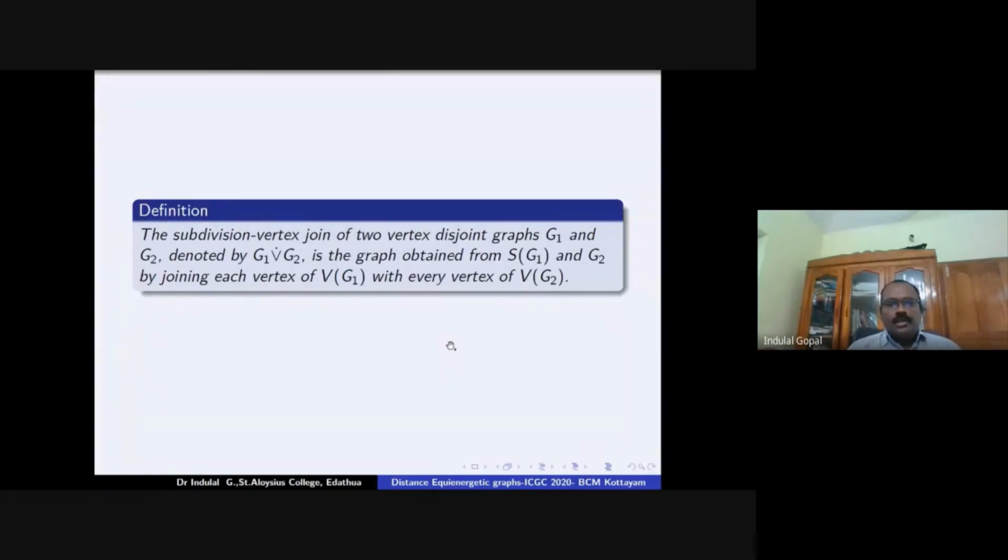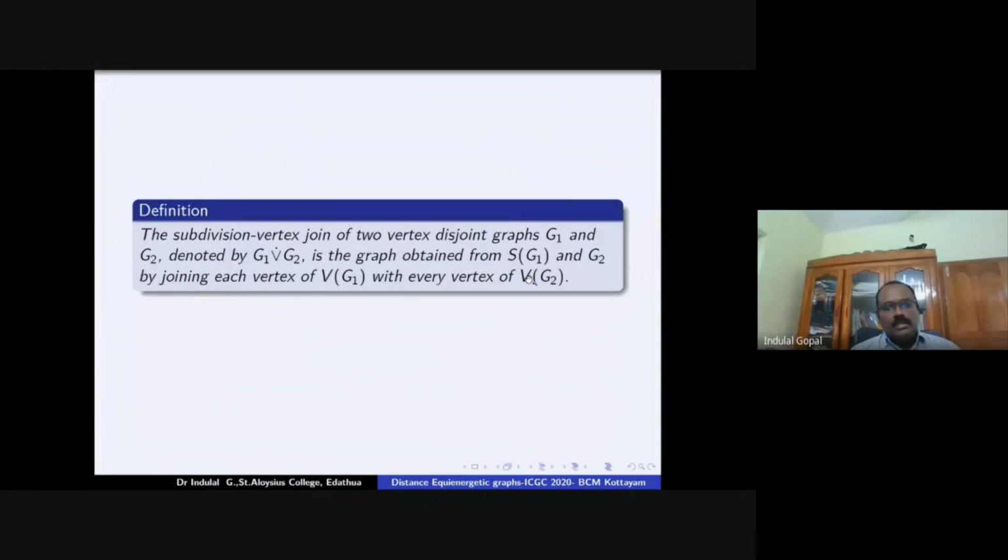Another operation we proposed in 2013 is the subdivision vertex join of two graphs. The subdivision vertex join of two disjoint graphs G1 and G2, denoted by G1 subdivision vertex join G2, is the graph obtained from the subdivision of G1 and G2 by joining each vertex of G1 with every vertex of G2.